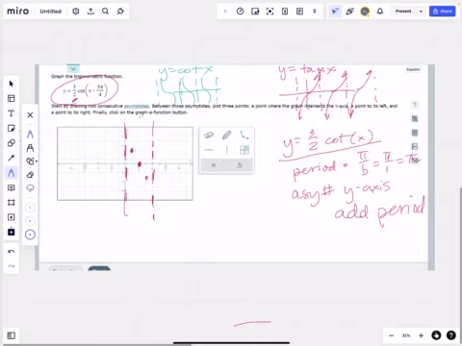Now we need to apply the translation, which means I'm shifting everything to the right 3 pi over 4 units. The distance between these two asymptotes is pi units, divided into 4 sections, so I'm shifting everything over 3 of those tick marks.